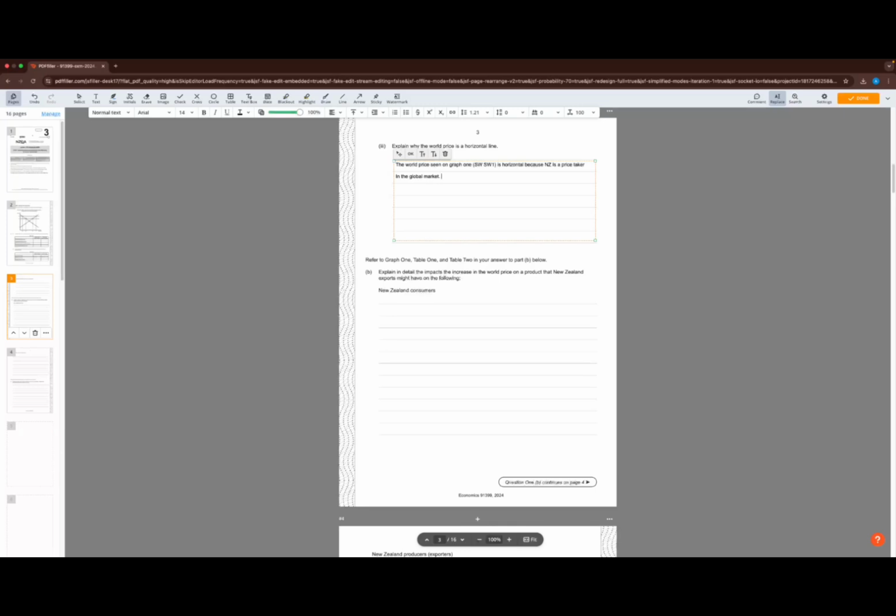We are a price taker, so we'll say NZ is a price taker because it has a relatively small economy and market share in relation to the rest of the world, of its main trading partners.